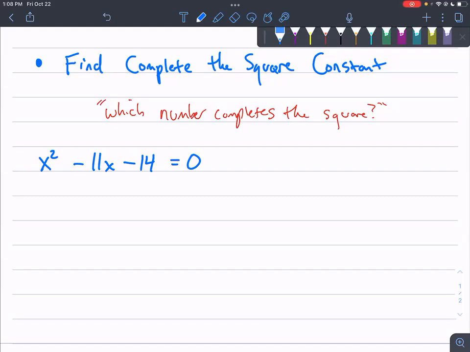Which number completes the square? So a couple of things you'll want to do on this one. You'll want to isolate the x's. So let me write that. Isolate the x's.